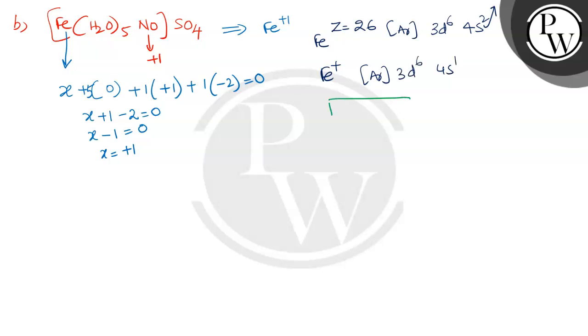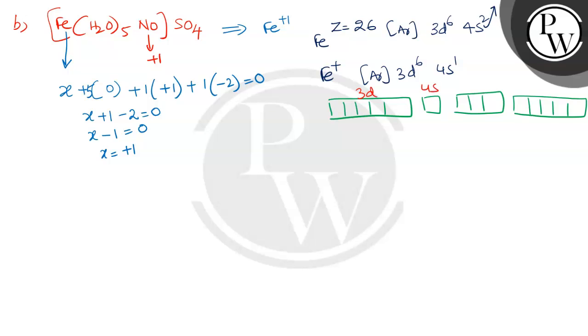The orbital picturization 3d 4s 4p and 4d. So 4p orbitals available, 4d also available, but no electrons. Now 3d6 electronic arrangement 1, 2, 3, 4, 5 and 6 and 4s1. As NO is a strong ligand, pairing takes place.